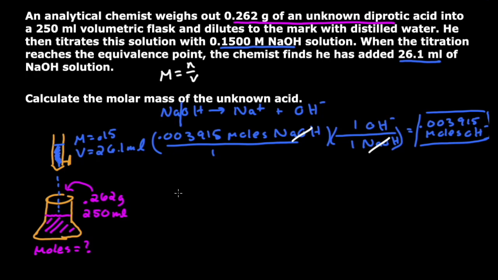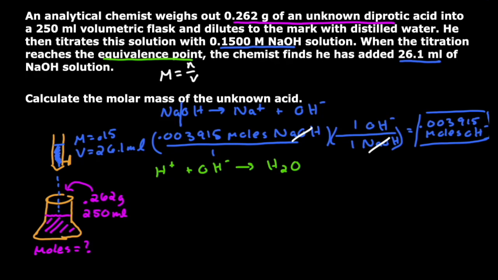And so I'm going to say that I have H plus and OH minus, and that's going to make H2O. And this occurs at the equivalence point right here.